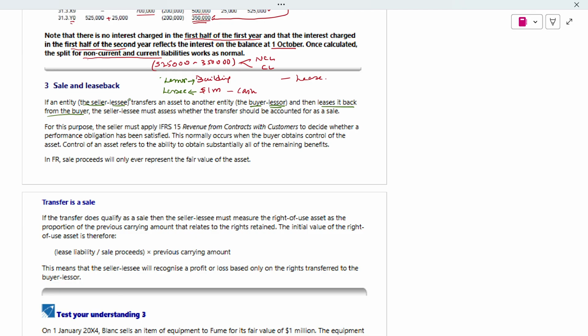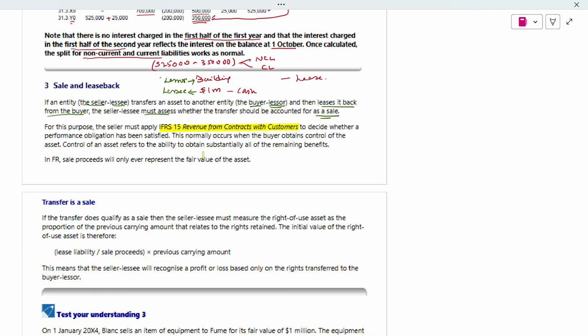The seller or lessee must assess whether the transfer is accounted as a sale. Okay, we have to make sure. When you talk about the sale, the standard we use is IFRS 15.